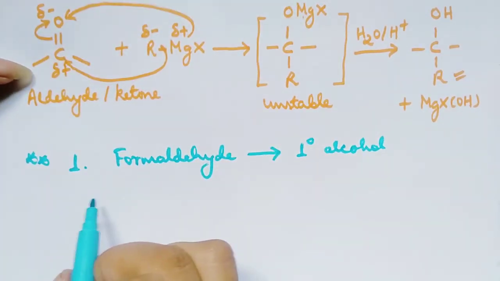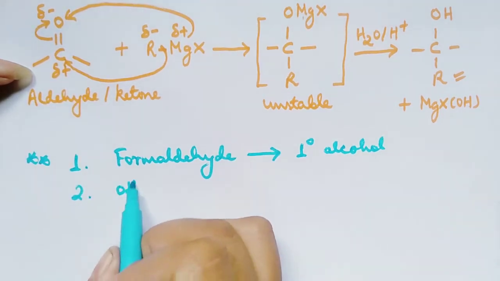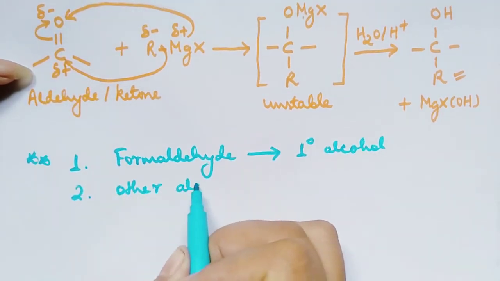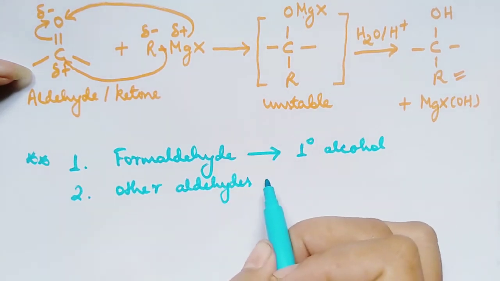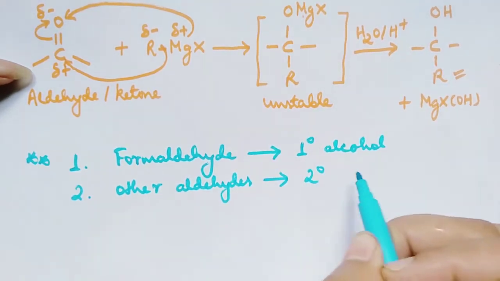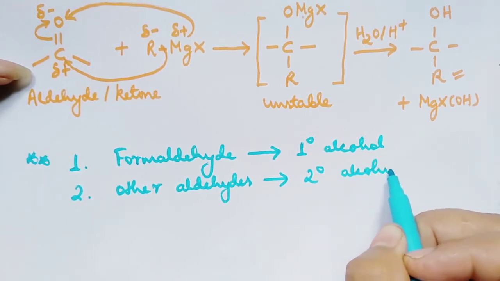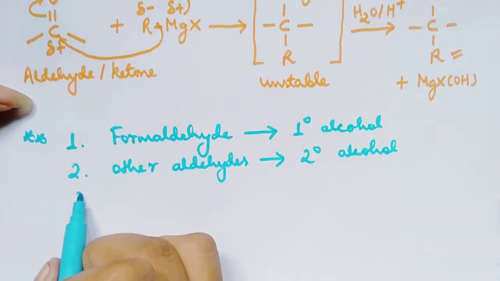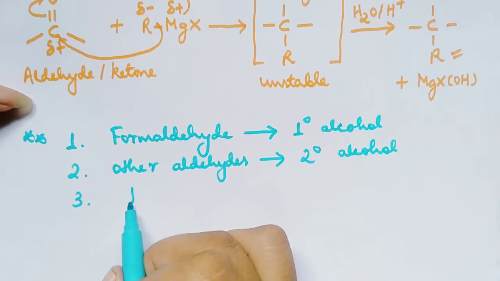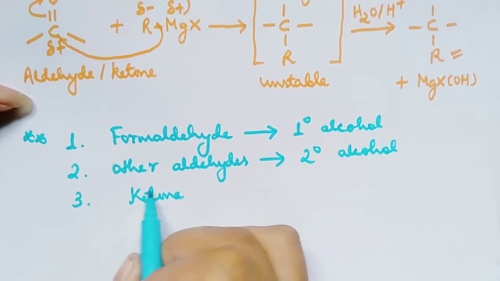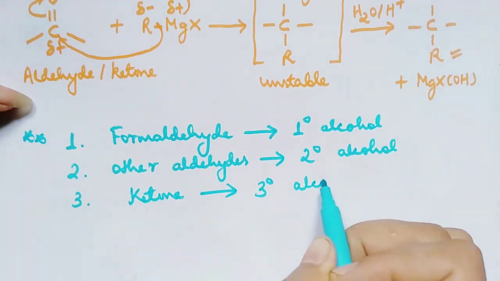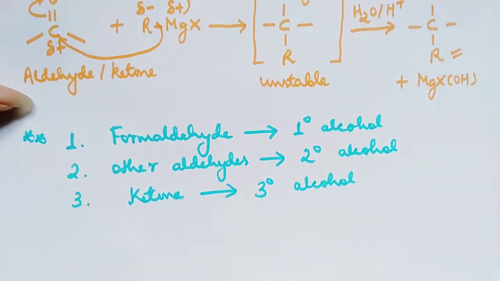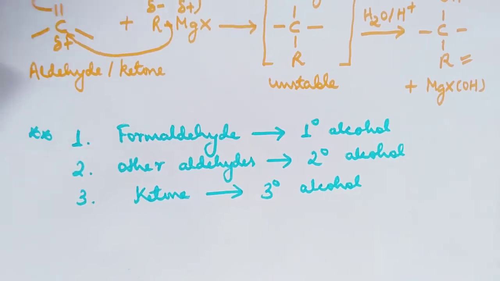Second, if you use other aldehydes but not formaldehyde and treat them with a Grignard reagent, then you get a secondary alcohol. And number 3, if you use a ketone, then you get a tertiary alcohol when you treat it with a Grignard reagent. Let us have a look at these 3.